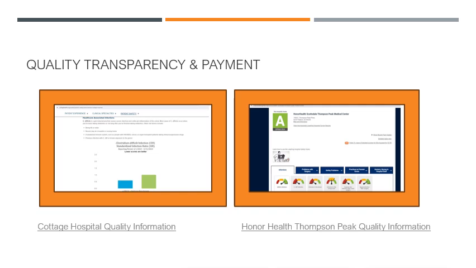Info on these 2 hospitals, Cottage Hospital in Santa Barbara, California, where I used to work, and HonorHealth Thompson Peak, which is near here, is listed, and you can go in and explore various different types of information that they're publishing. These 2 hospitals make it really easy to find the information, but if you look around, you'll find some hospitals where it's quite difficult.